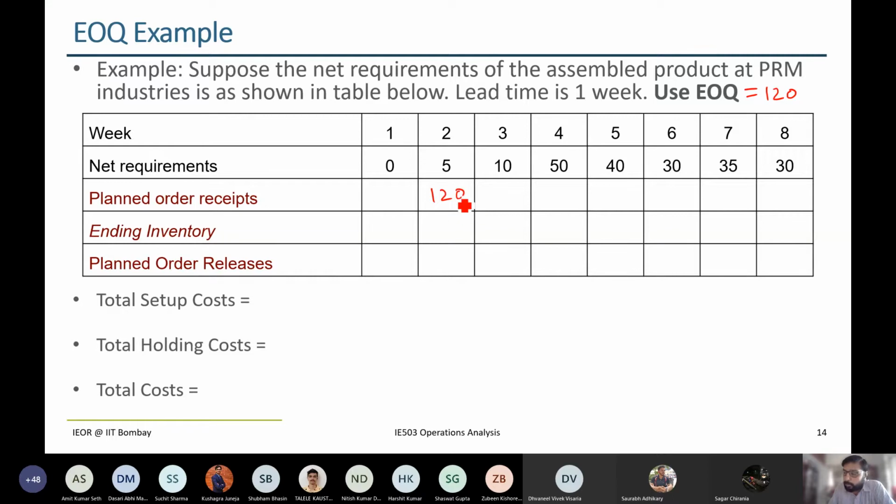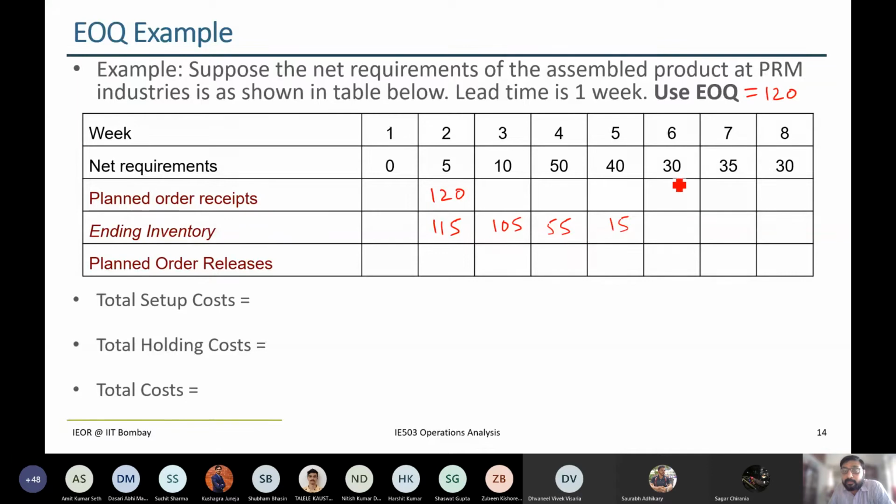As soon as I get 120 units here, 5 I'm consuming immediately, so I'll have 115 here. Then next period again I have a lot of inventory, so I don't need to produce. After I consume 10, I have 105. Then I will have 55. Then I will have 15 units after the end of period 5.